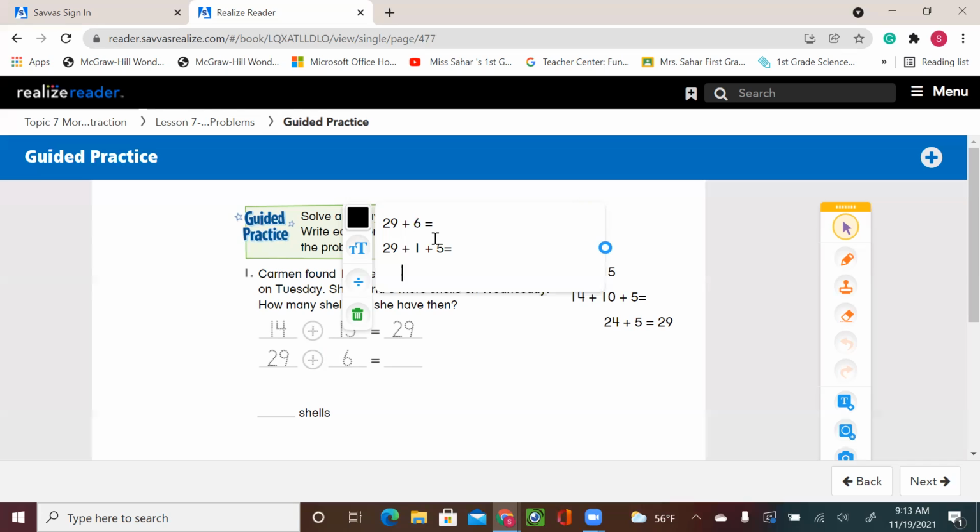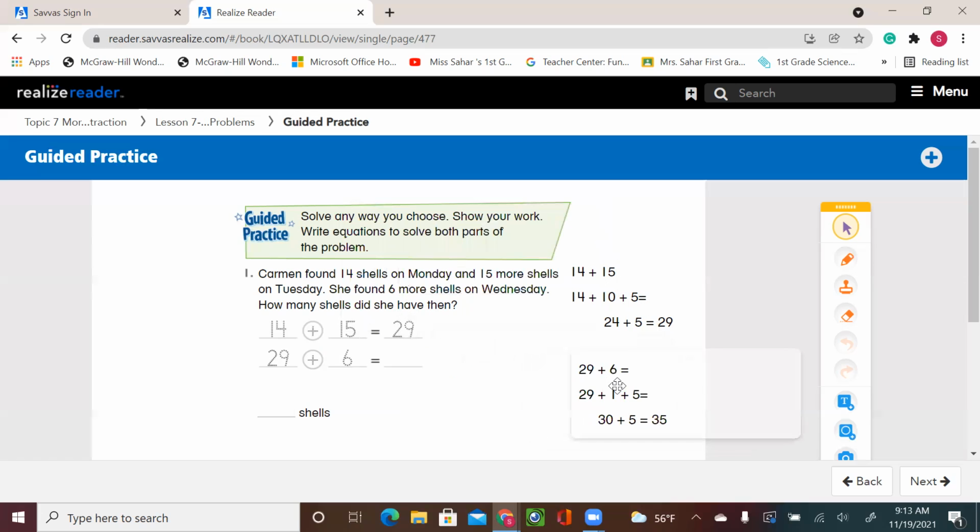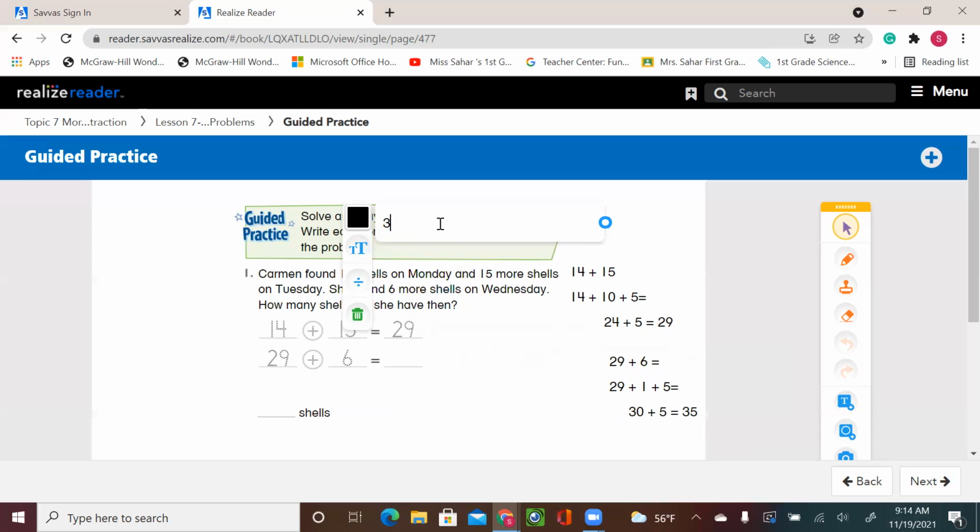29 plus 1 equals 30, plus the 5 that I have left equals 35. So that's the second part. So over here, I'm going to write my answer, 35.